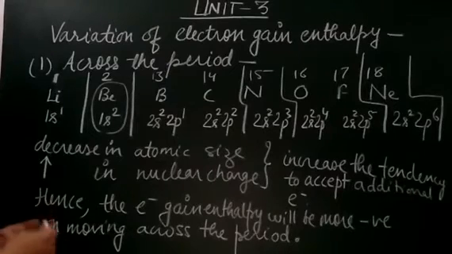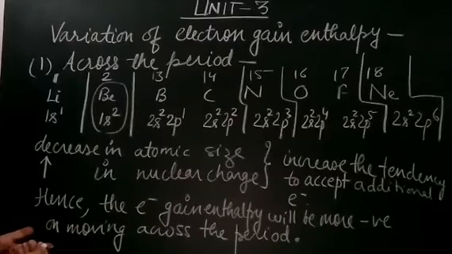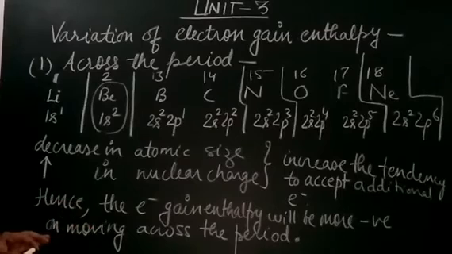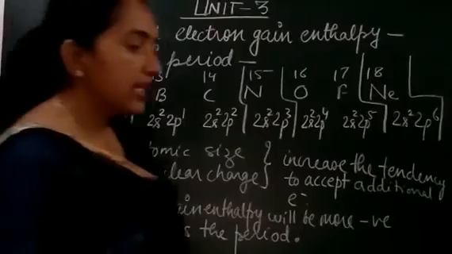So students, wherever there is half filled or completely filled electronic configuration, these elements have no tendency to accept the electron in that particular shell, right. So at that time the electron will be added forcibly, so energy will be given, and hence these elements have got the positive electron gain enthalpy.